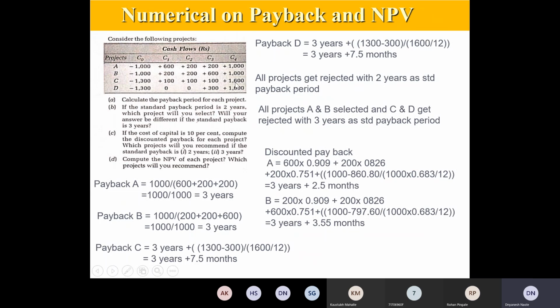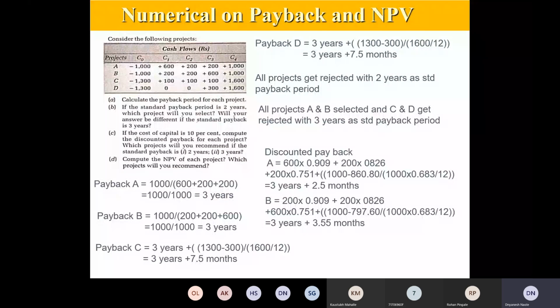Okay, so now this 1600 in 12 months, if you consider that uniformly we are earning this 1600 rupees, so every month how much are we earning? That will be 1600 divided by 12, that comes to 133.33 rupees. Okay, so that is in 1 month. So second month will be earning 266.66 rupees.